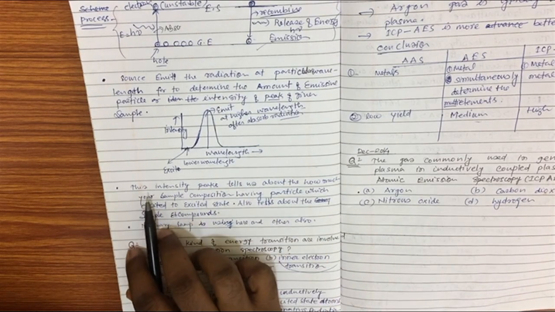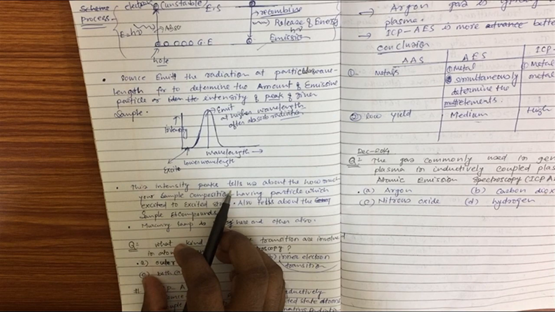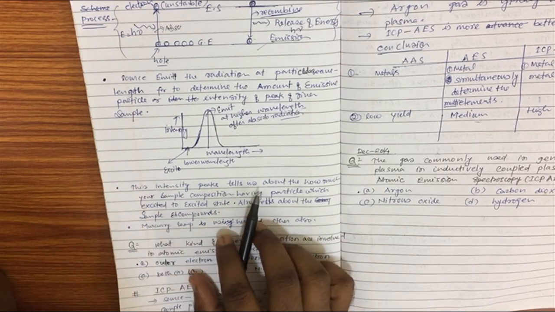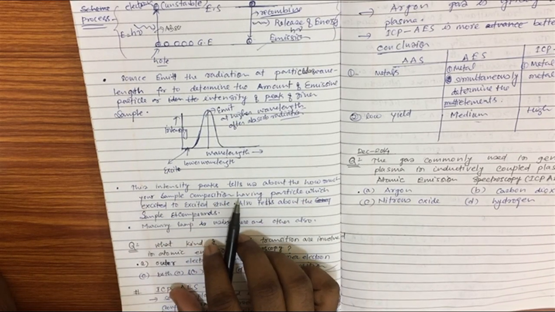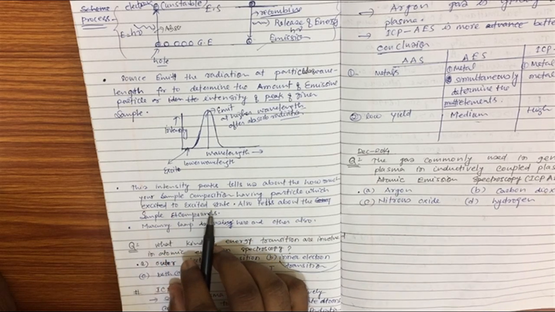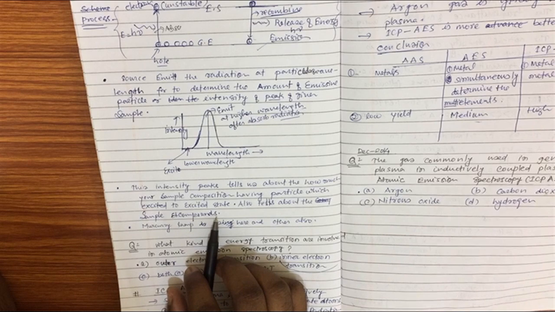Now we will move to the second point. The second point says this intensity peak tells us how much of your sample composition has particles which are excited to the excited state, and also tells about the sample compounds.